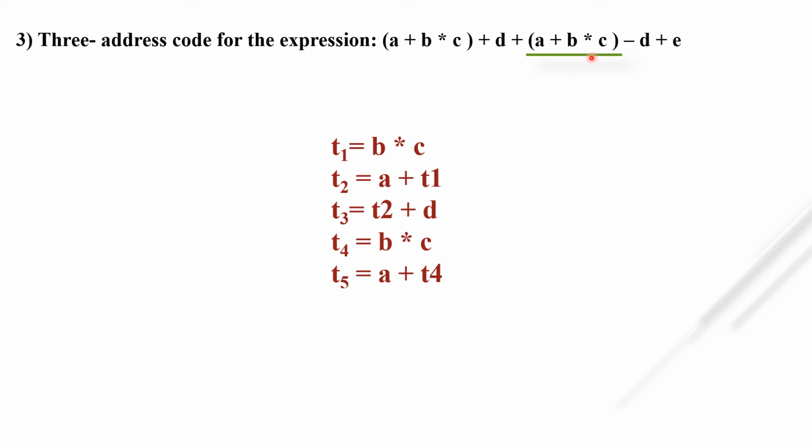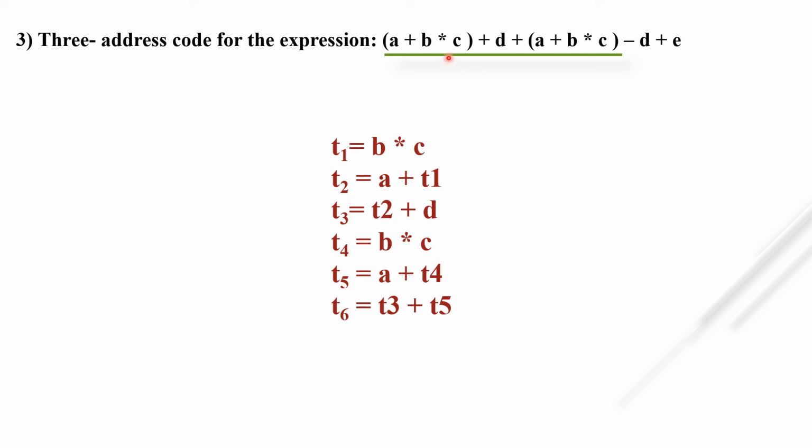Next, this whole expression will be evaluated and stored in T3. This whole expression is stored in T5. So what is our T6? T6 equal to T3 plus T5. Next, which sub expression will be evaluated?